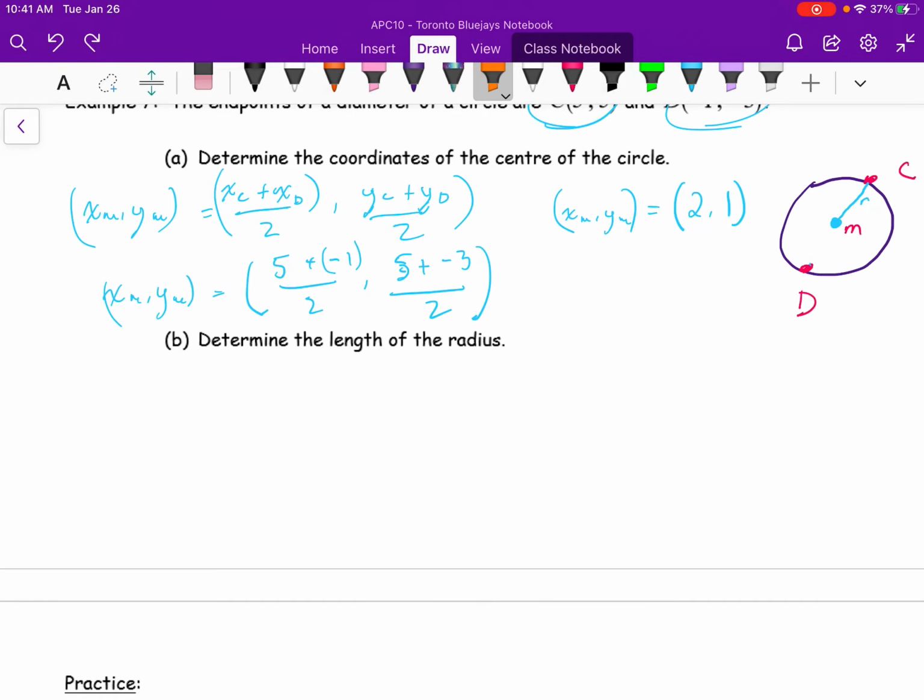Or you could also ask yourself, what is the distance from the center to point D? That is also good. Alternatively, you could ask yourself, what is the distance from D to C? That gives you your diameter. And once you get the length of D to C, you would divide that quantity by 2 to get the radius.